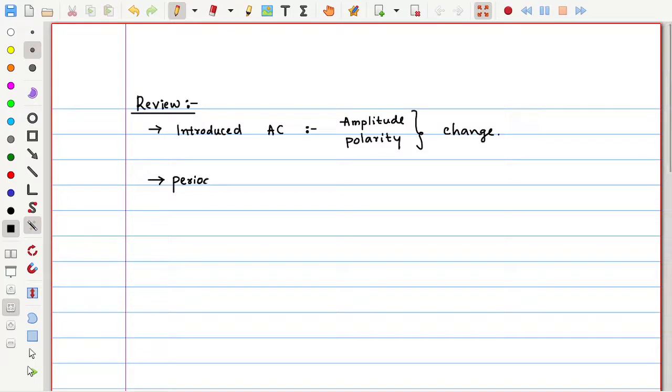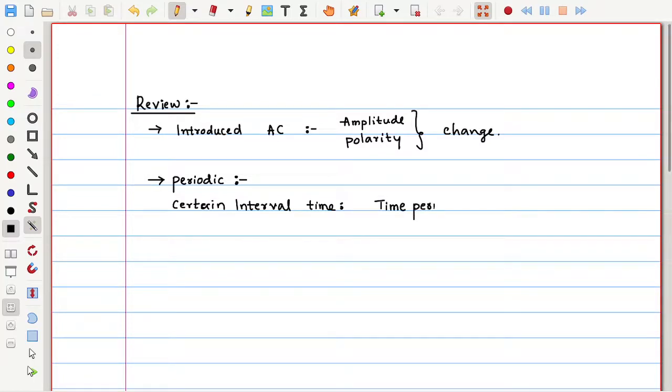The nature of the waveform which repeats for every certain interval of time is known as a periodic waveform, and that certain interval of time at which the pattern is repeated is known as time period, which is very important.